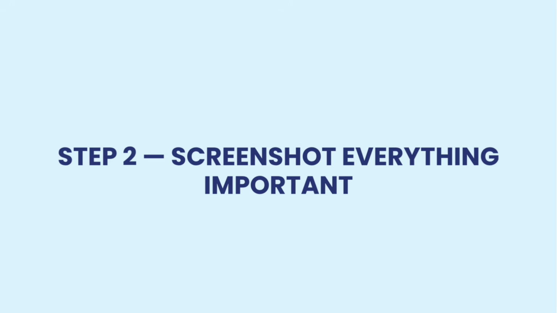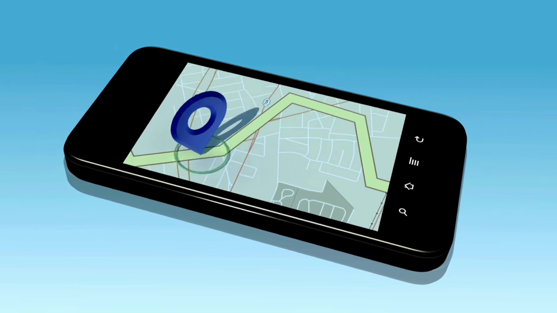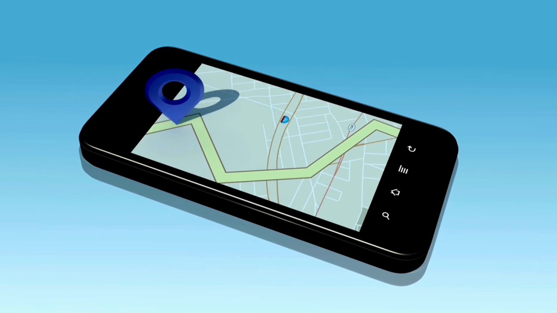Step number 2, screenshot everything important. The second step is to take a screenshot of that page, not just because it's convenient, but because screenshots are one of the most practical travel tools you can have in China. A screenshot gives you something that you can show instantly to a taxi driver, a Didi driver, hotel staff, station staff, restaurants, or even someone you ask for directions. And this matters because when you are tired, rushing, or standing on the street, it is often much easier to show a screenshot than to explain everything.